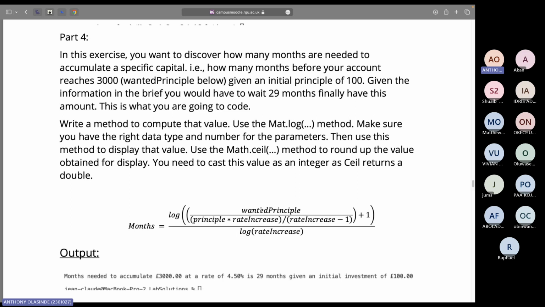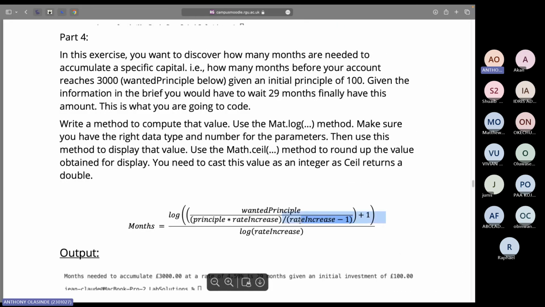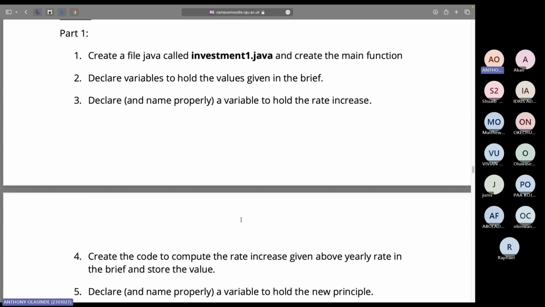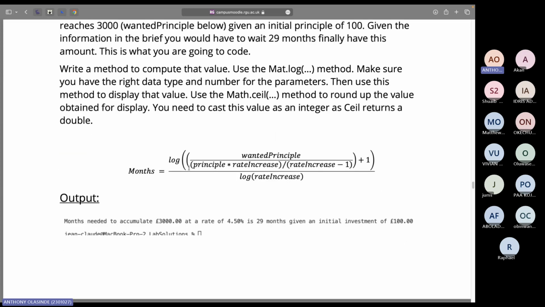So we've done wanted principal, that's this. Now, this is where you should be careful. Sometimes the brackets we've been given are correct, but this one is missing one very important bracket, the bracket that combines. From this bracket to this bracket is one entity.